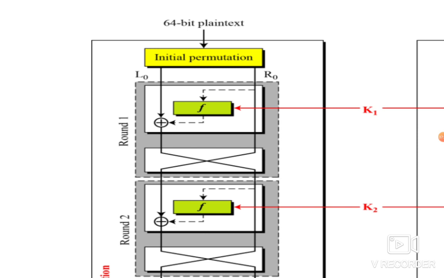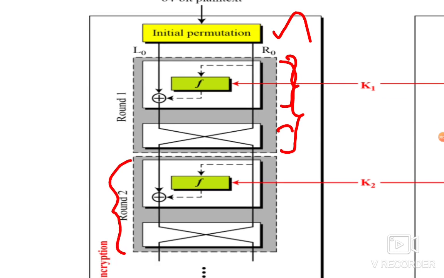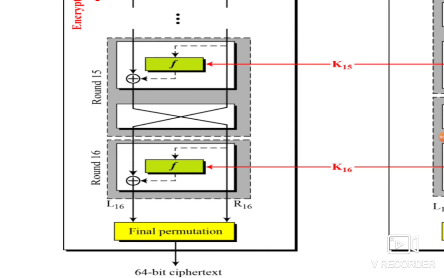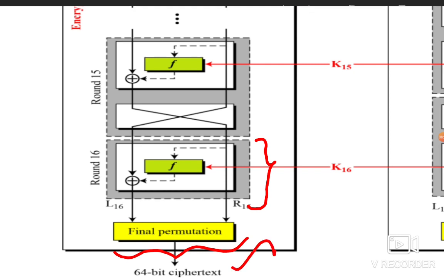So we have the initial permutation, then it is given for 16 rounds. After performing 16 rounds we do the final permutation to get the ciphertext.